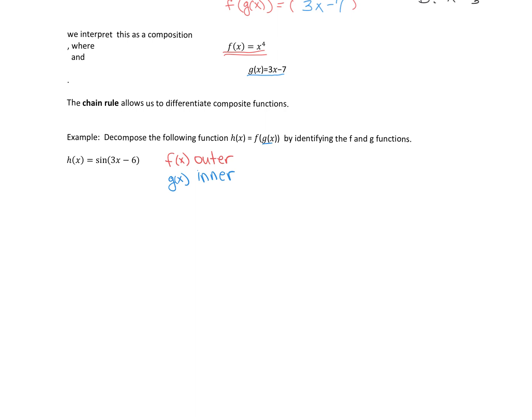So this in here is our inner function. So g of x is going to be 3x minus 6, and the outer function, f of x, is just going to be the sine of x. And you can see that if I plug g in there, I'll get what I started with.